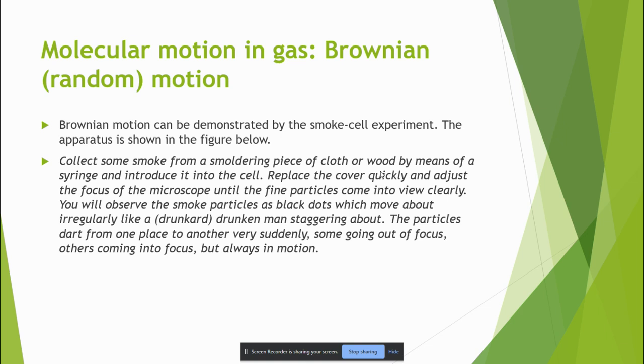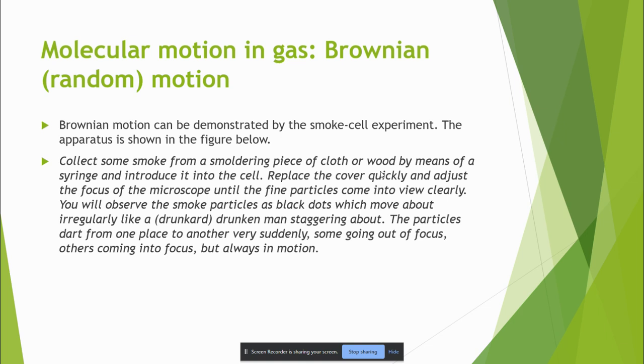Okay. So Brownian motion can be demonstrated by the smoke cell experiment. The apparatus, okay, the figure is not shown here. So collect some smoke from a smoldering piece of cloth or wood by means of a syringe and introduce it into the cell. Replace the cover quickly and adjust the focus of the microscope until the fine particles come into view clearly.